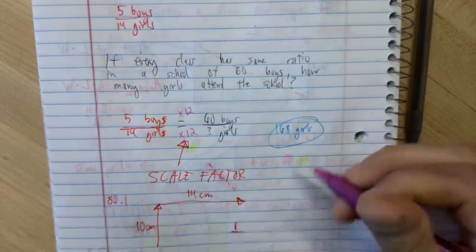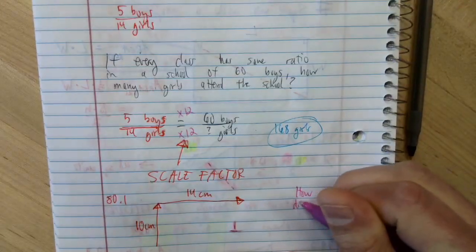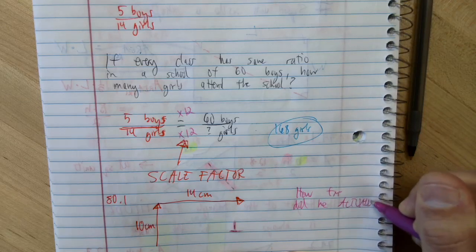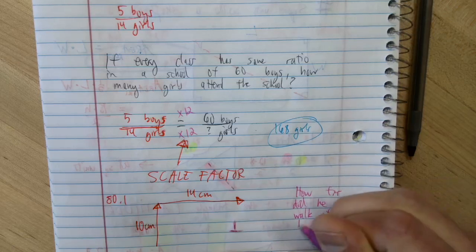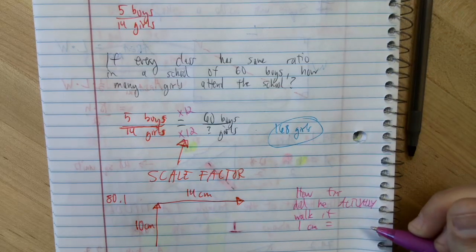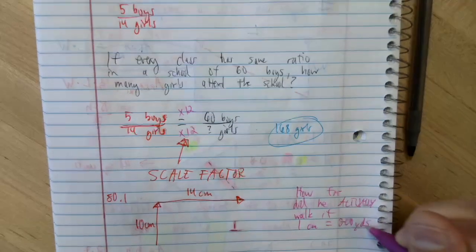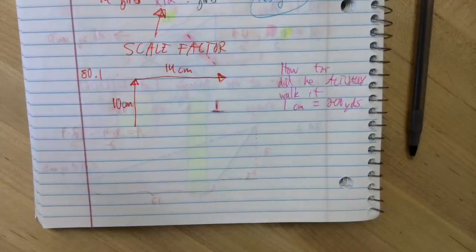And I'll ask you, how far did he actually walk if 1 centimeter is 200 yards? No way. Not that far. He ran. He could do it.